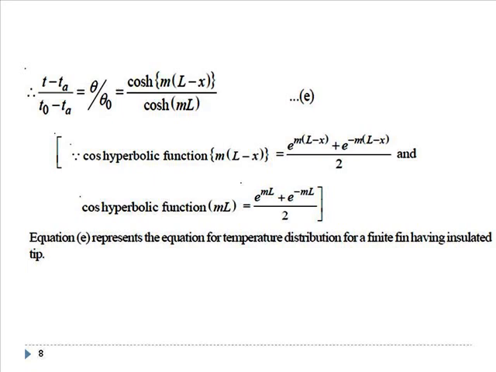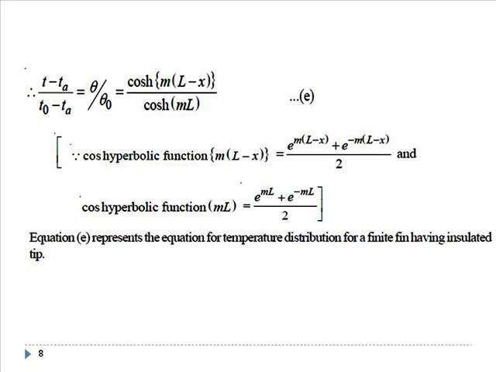where cosh of m(L minus x) equals e^(m(L-x)) plus e^(-m(L-x)) divided by 2, and cosh(mL) equals e^(mL) plus e^(-mL) whole divided by 2.